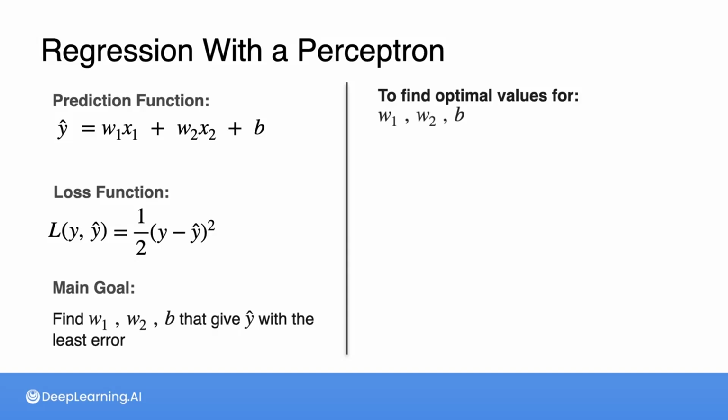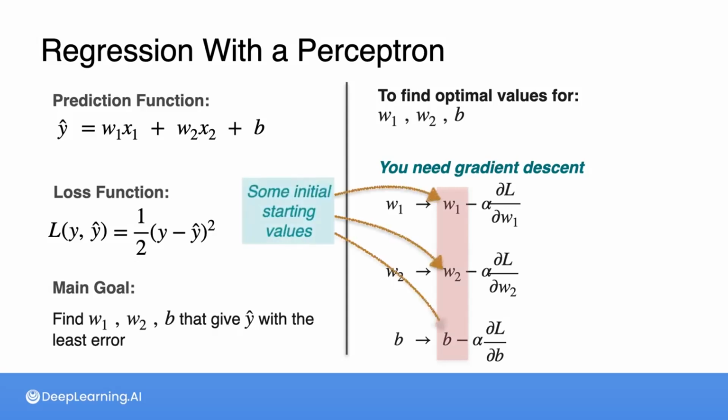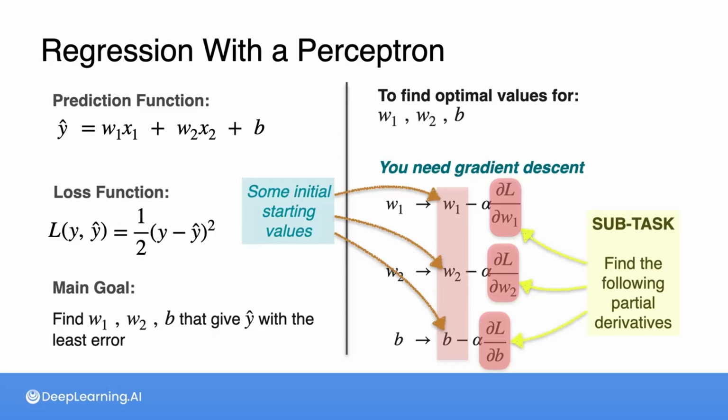So we're going to find the best W1, W2, and B using gradient descent, and recall that the gradient descent formula updates W1 this way in order to minimize L. Recall that alpha is the learning rate, and then this is how it updates W2, and this is how it updates B. So in other words, you have some starting values for W1, W2, and B, and then all you need to do is calculate these 3 gradients, and you can update them and get new W1, W2, and B that are a better model, because it has a smaller loss function.